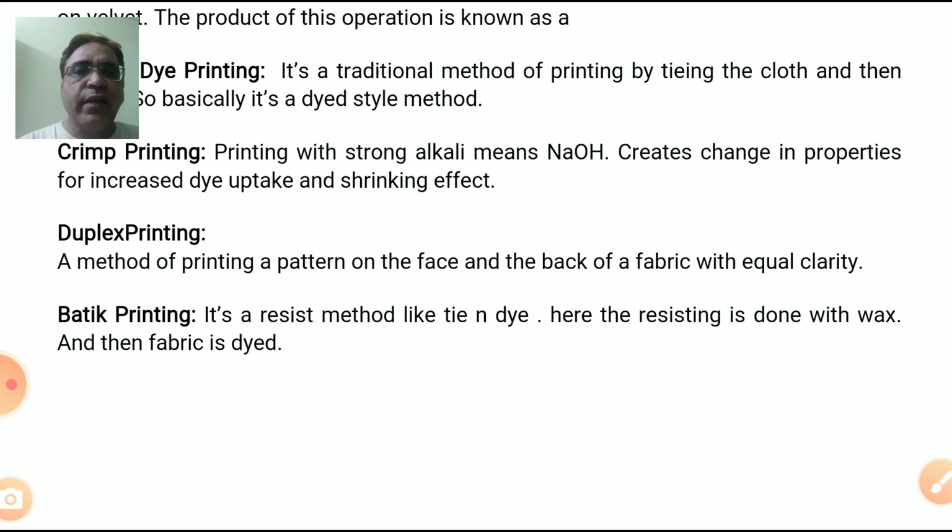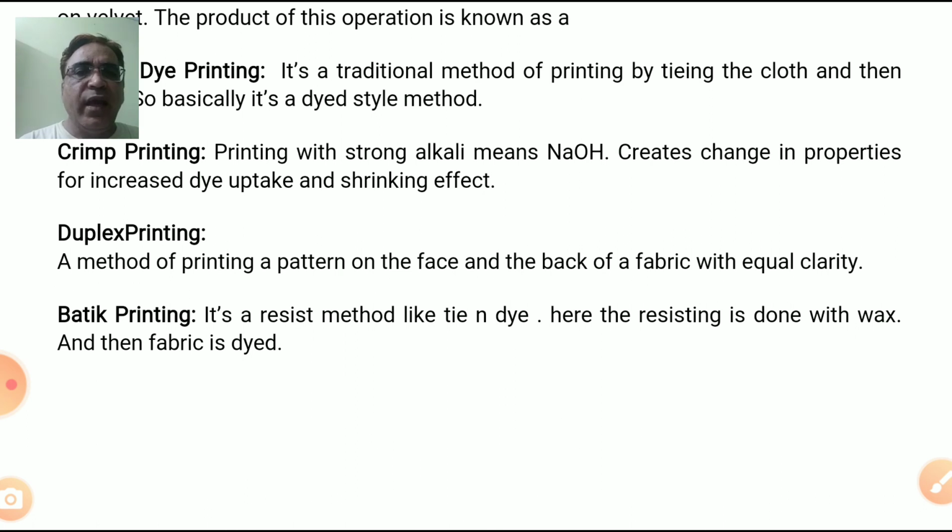The whole fabric is dyed, whereas the printed area is not dyed because of the presence of wax. Later on we remove that wax by peeling it out and then boiling it. We will get prints in the waxed areas. That is called batik printing.